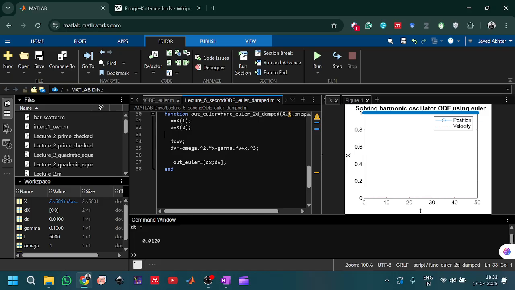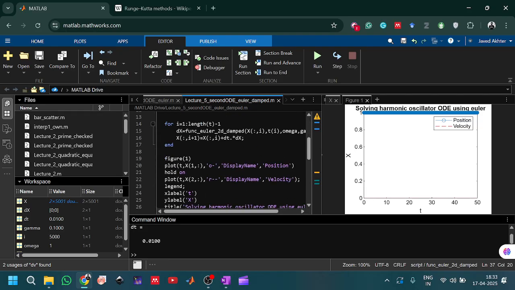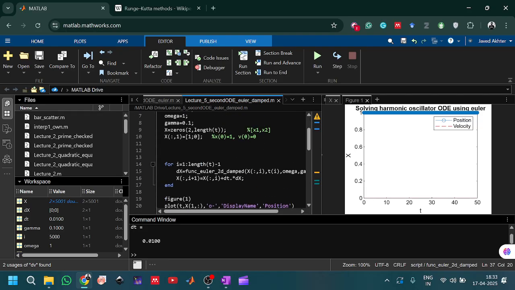The dx, dv, dp will go in the output value. The idea is the same. Once you are comfortable with first order and second order, you can extend it to any order of differential equation. In principle, you can work with any order with any kind of complex analytic function.